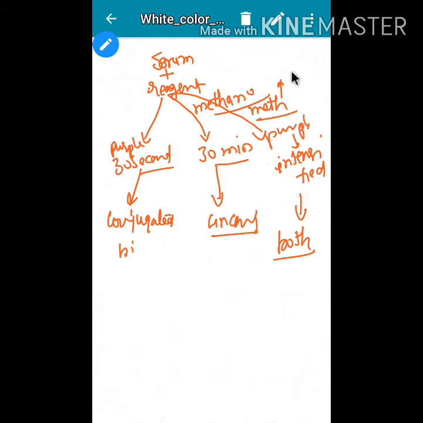The reason why we are adding methanol is that usually this Vandenberg reagent reacts with conjugated bilirubin because it is soluble. Conjugated is soluble, so it reacts with the reagent.